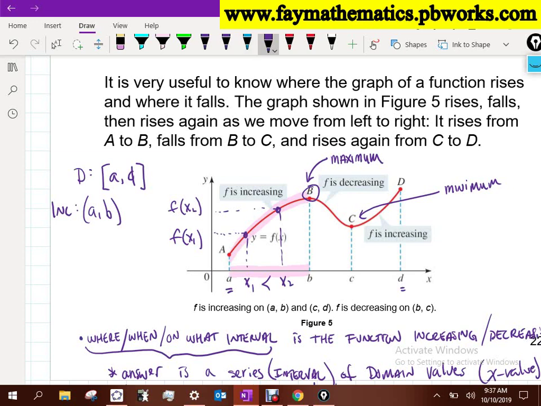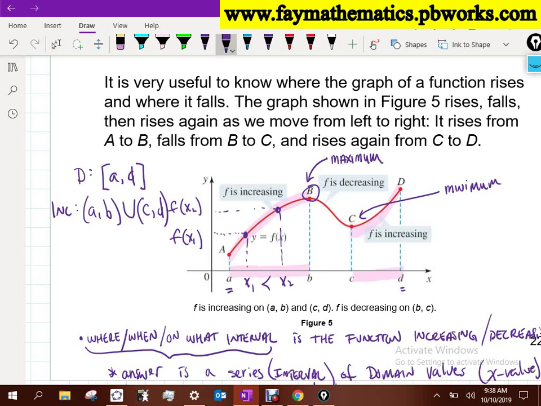But are there other places here that we are increasing? C to D, right? All right, so what we want to do is identify that it is increasing from C to D as well. But when I have multiple intervals and I have increasing in both those intervals, so I'm increasing between A and B or increasing from C to D, right? So what do I have to do with those intervals when I have something like that?